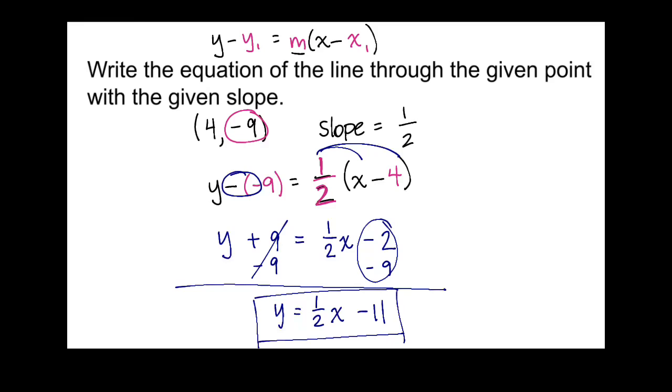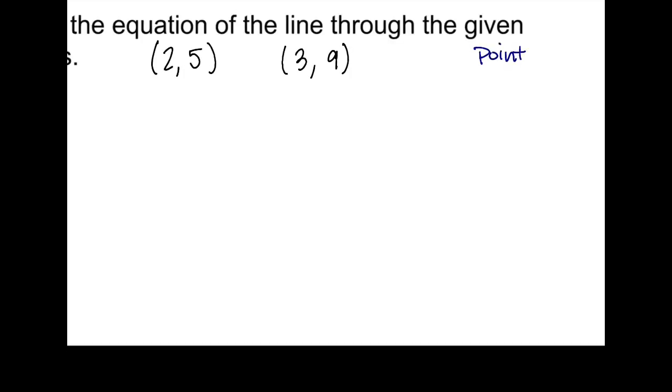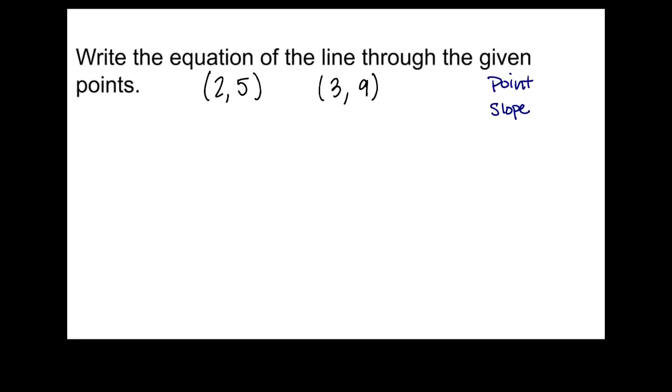Now, you can also use point-slope form when you've been given 2 points. To use point-slope form, you need a point that it goes through, which we have 2, but we only need 1, and then we need the slope. So we need to find the slope. Remember that the slope formula is y minus the other y over x minus the other x.